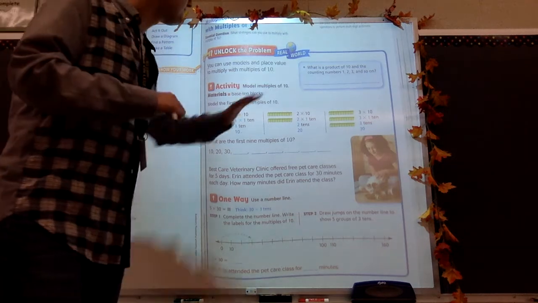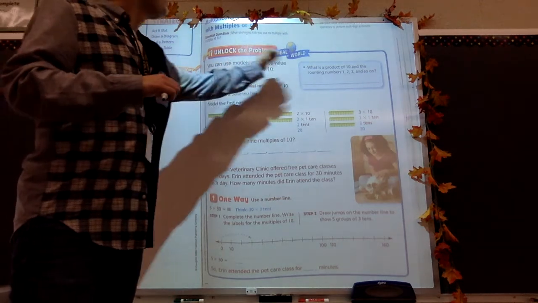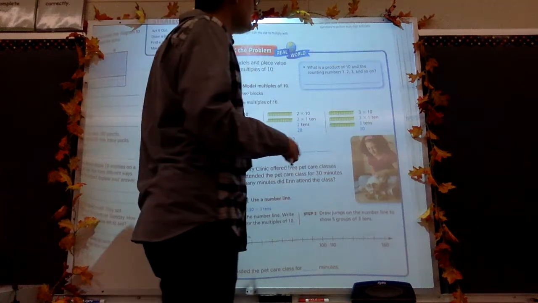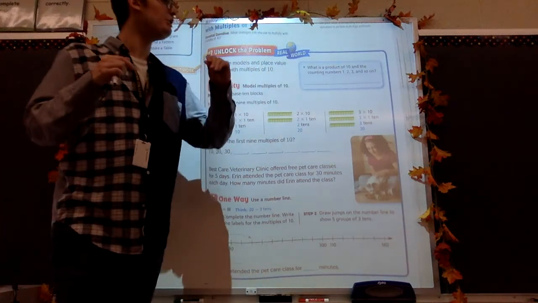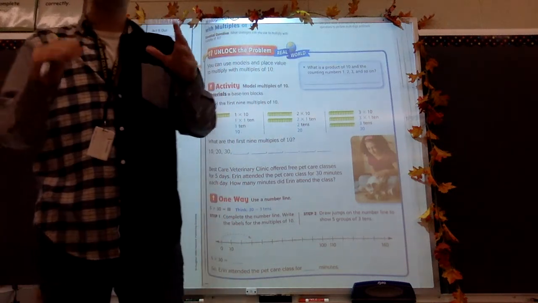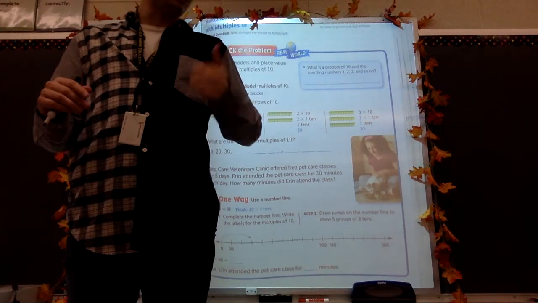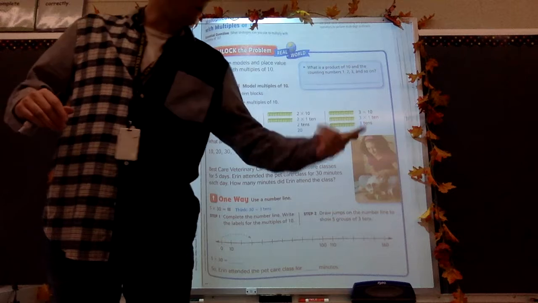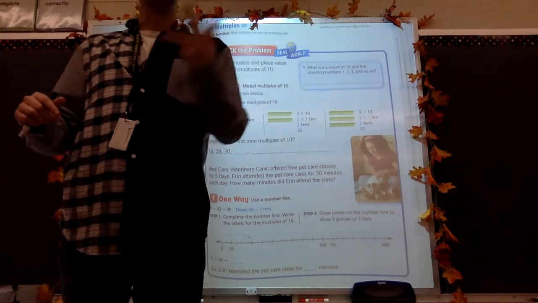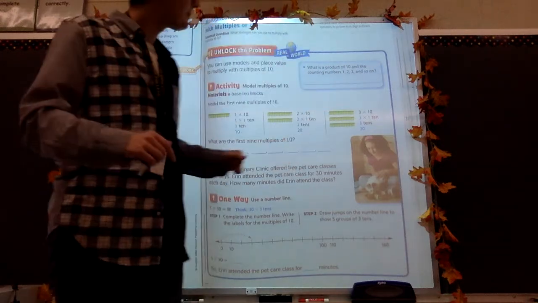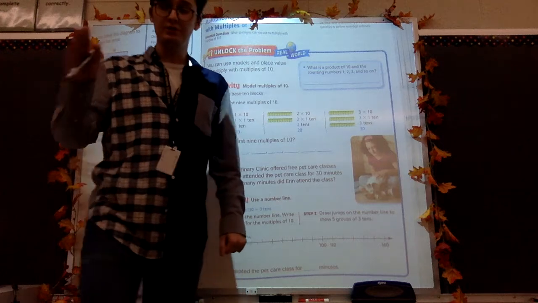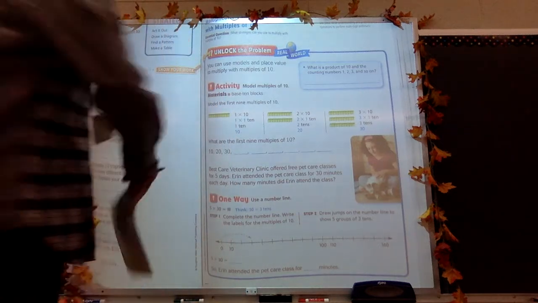So, real quick, what is a product of 10 and the counting numbers 1, 2, 3, and so on? They're asking us, if we skip count by tens, we go by 10, 20, 30, 40, 50. Those would be multiples of 10. So let's write that down here.